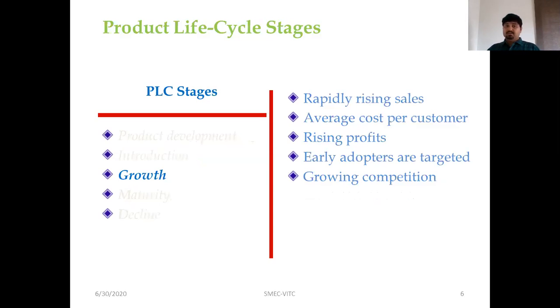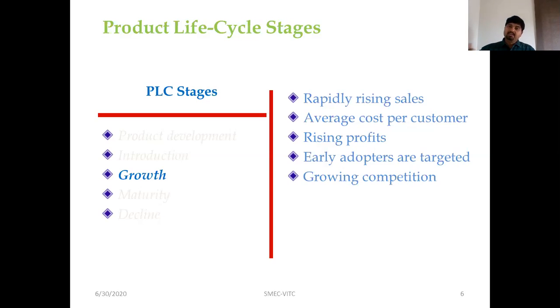The third phase is called as a growth phase, where you could find there is a rapid rise in sales, and the way you spend money for getting the customer to come and ask for this product could be reduced, because some customers have already taken this product, and they can convey the information to other customers about how they are experiencing this product.